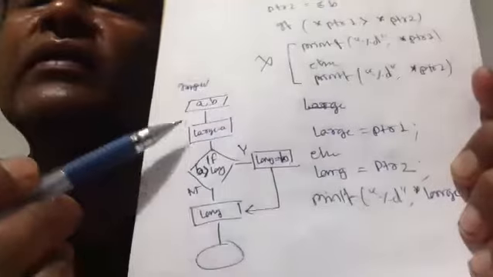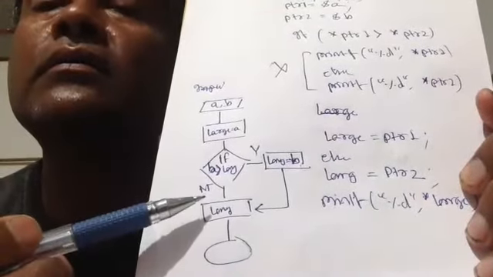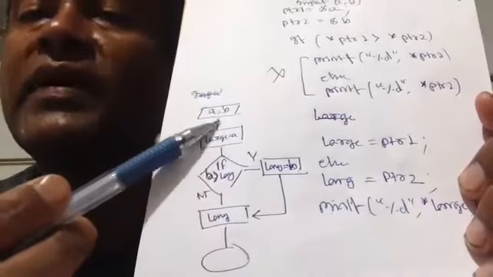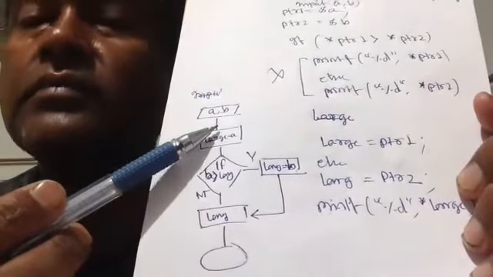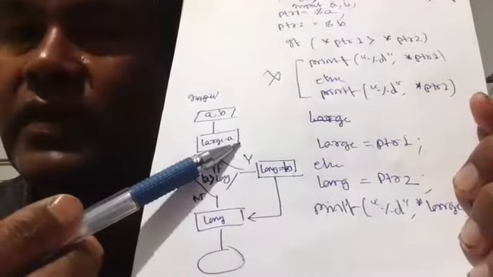So if you see this flow chart, is it clear? Yes, sir. What is their first input? Then consider one variable large, assign the first value.